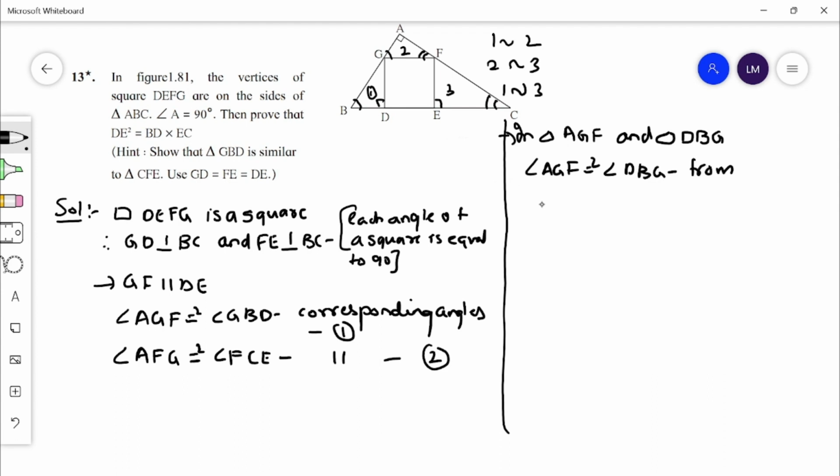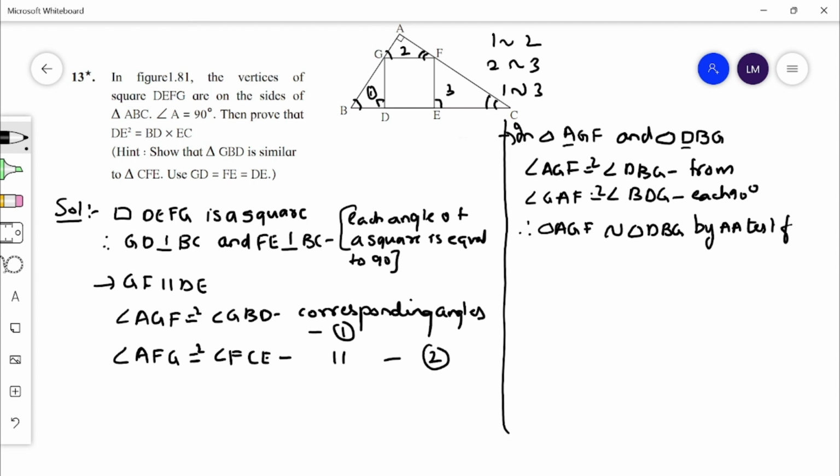Then we will write 90°. 90° is A part, from here it is D. So angle GAF is congruent to angle BDG, reason each 90°. Therefore triangle AGF is similar to triangle DBG by AA test for similarity. This we can write as small equation number 1.